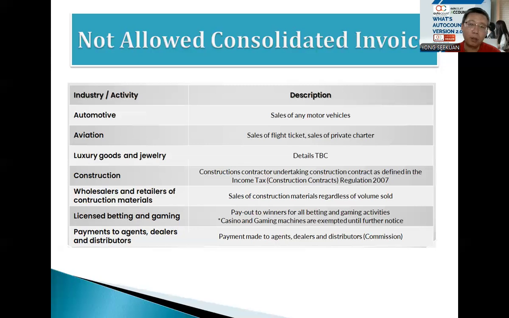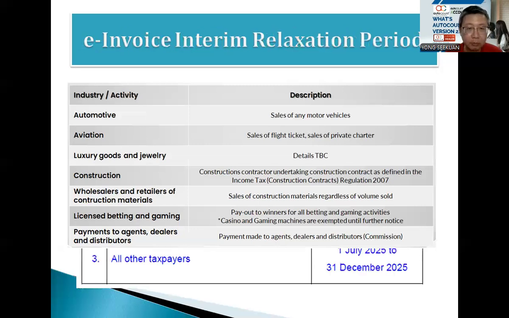If you supply some construction items under this regulation, are you allowed to consolidate or not? So that is the meaning.